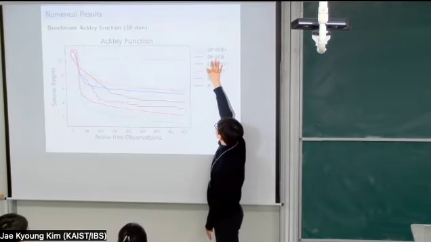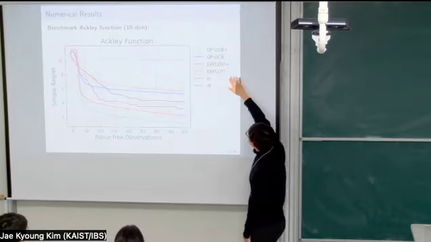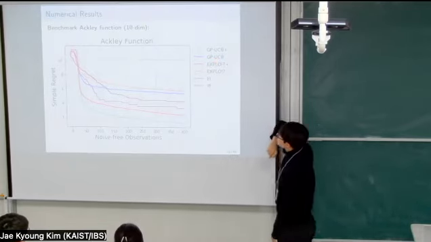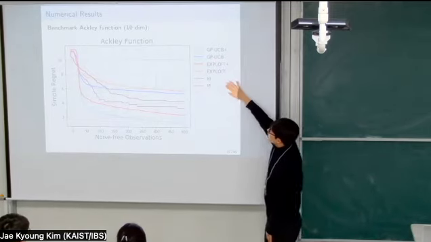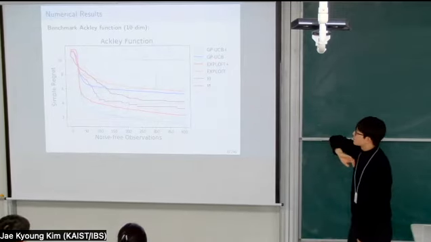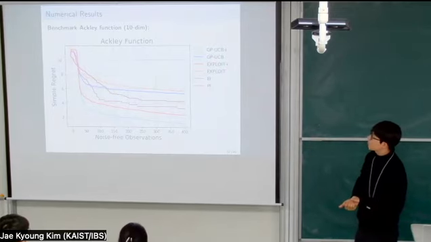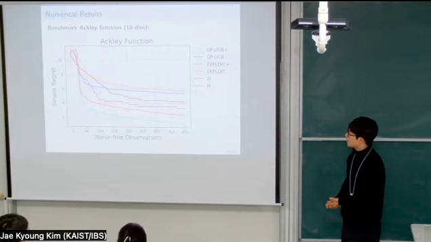GP-UCB was the one I introduced at the beginning to motivate the talk. Exploit plus and GP-UCB plus were the modifications I made. And EI is expected improvement and PI is probability of improvement, which I haven't explained in this talk, but those two are also popular Bayesian optimization strategies.